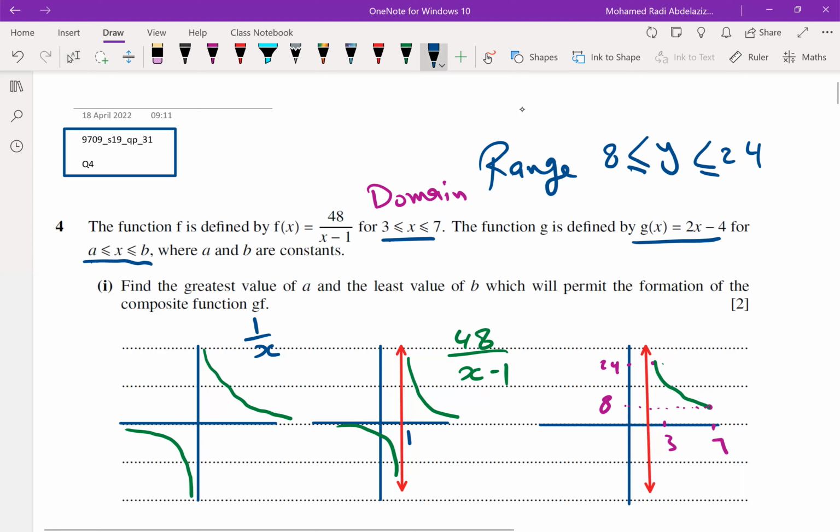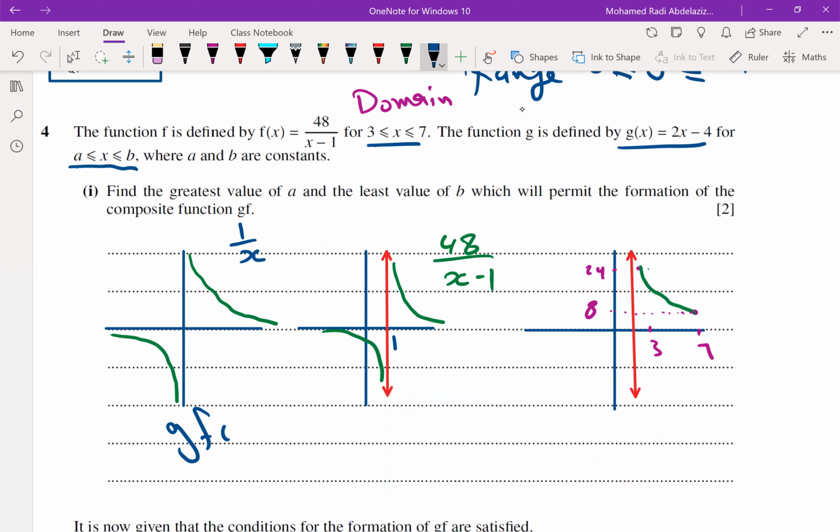The domain of this function in general will be real numbers, but it is given from A to B. Part 1: find the greatest value of A and the least value of B which will permit the formation of the composite function. Listen.